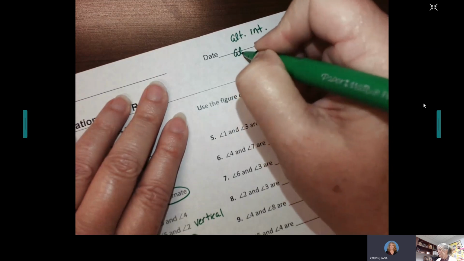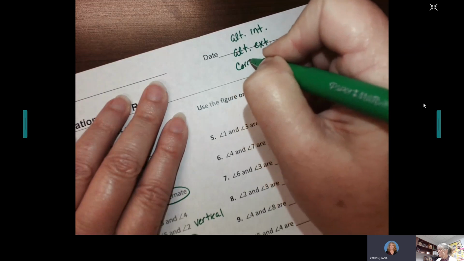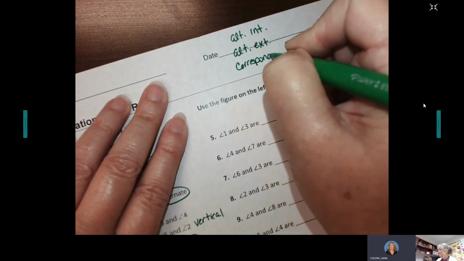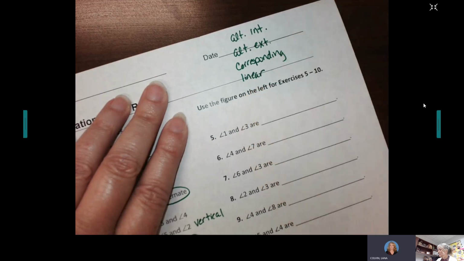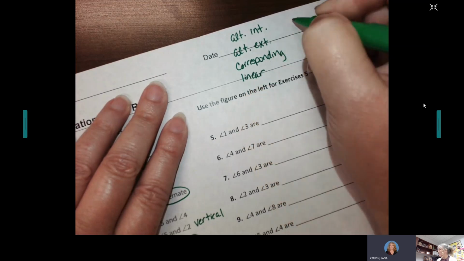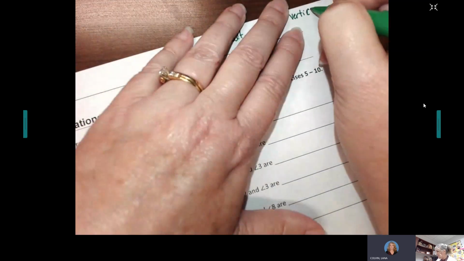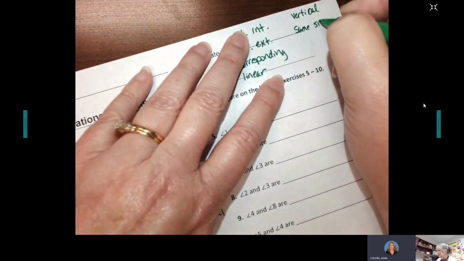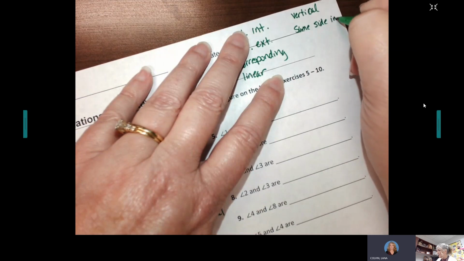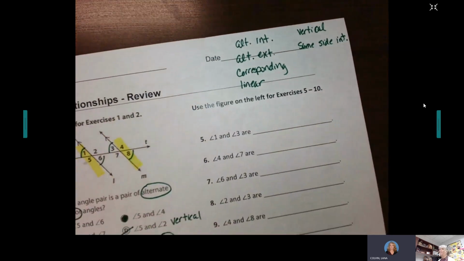Alternate interior, alternate exterior, corresponding, linear, vertical, and same side interior. There's your word bank. Write those down.